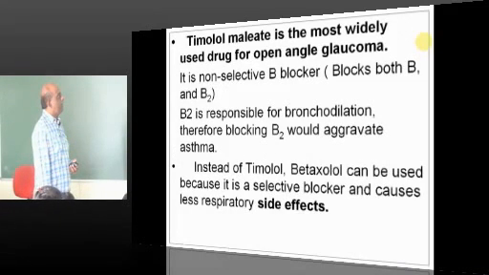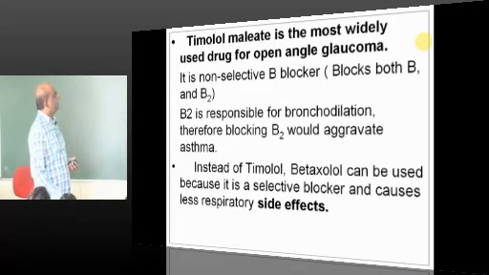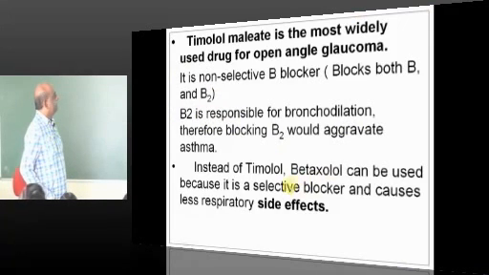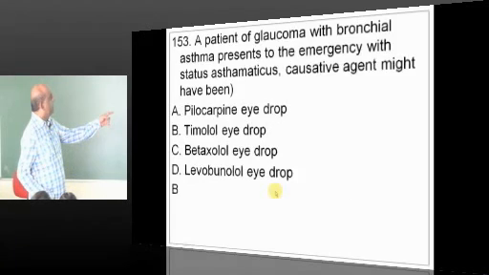Then why should we only go for timolol? Why not levobunolol? Timolol is a non-selective beta blocker. Betaxolol was there, a beta 1 blocker? Yes, sir.